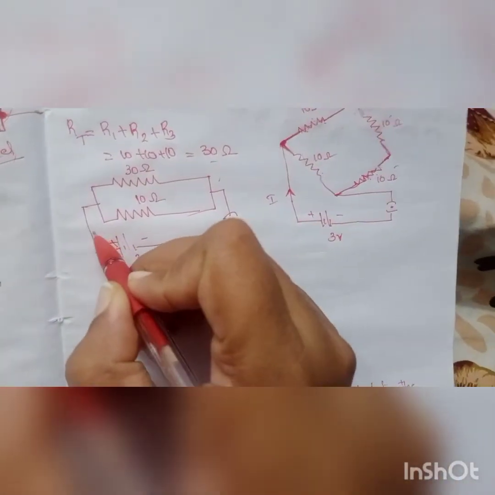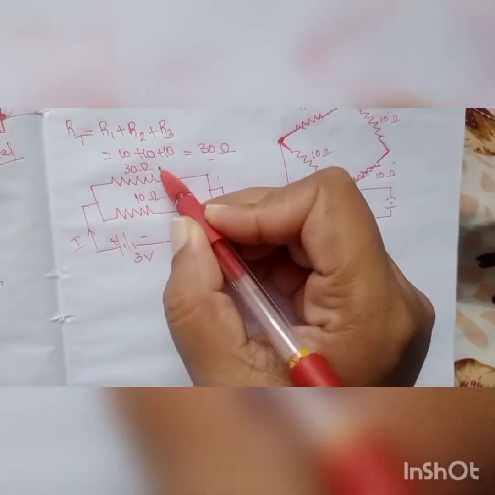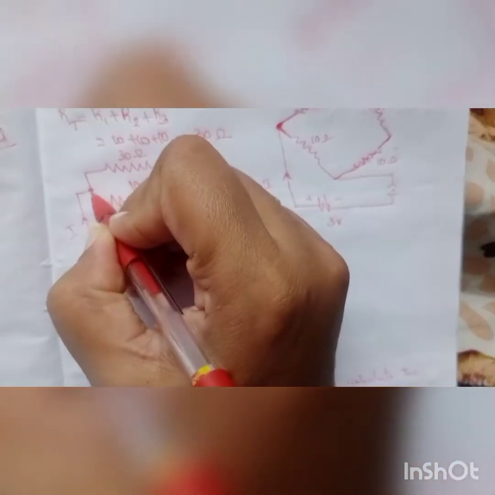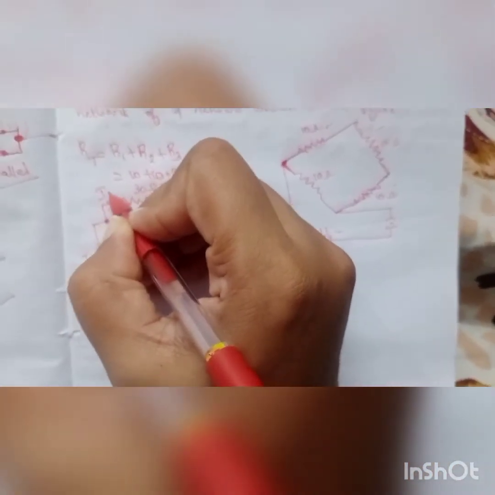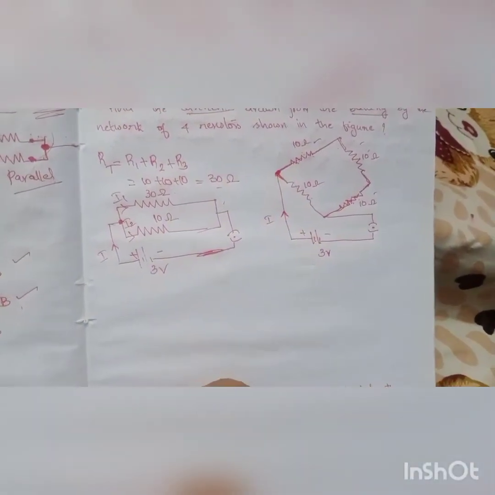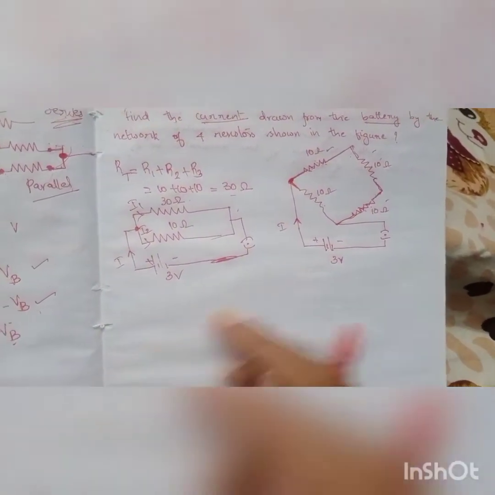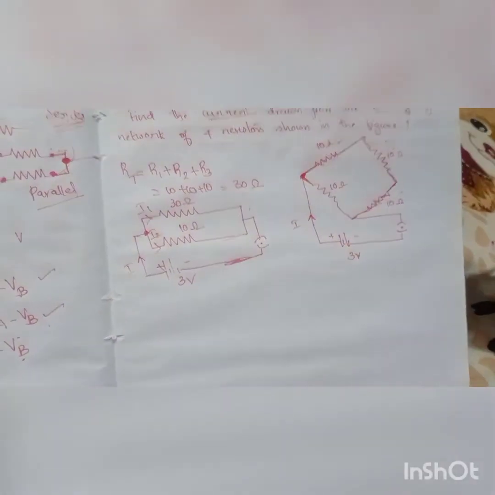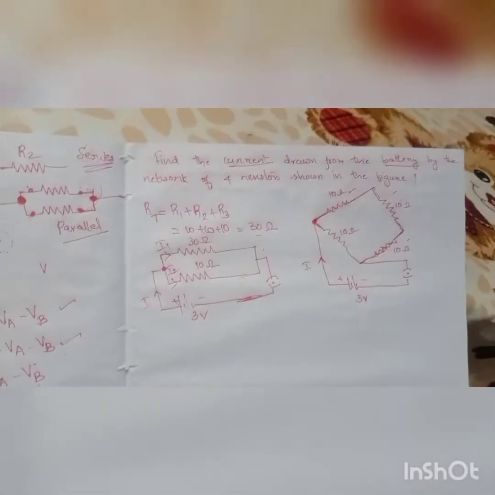We need to find out the total current. At this point the current gets divided into I1 and I2. That is not necessary, but just keep it in mind. What you need to find out is the total current alone.